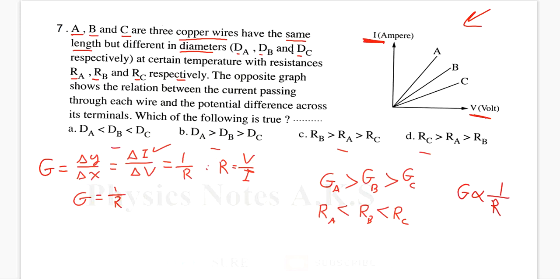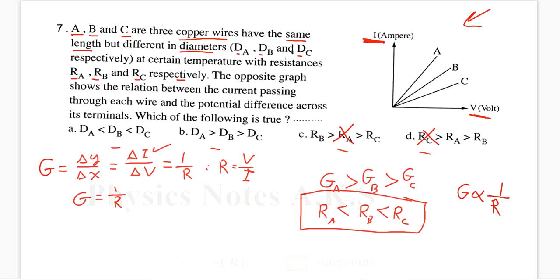Okay, so we look at the options of the resistances, the C and D. We notice that none of them will show me or give me this relation, which means that C and D are wrong.